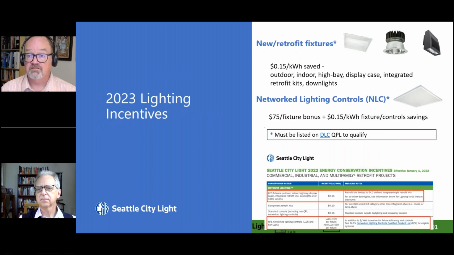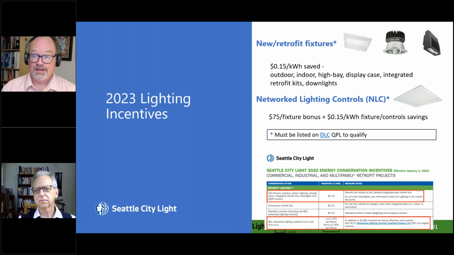So from a lighting standpoint, of course, they can provide incentives for retrofits of up to 15 cents per kilowatt hour for energy savings on projects. And the big one that should be getting more and more use is the notion of networked lighting controls.